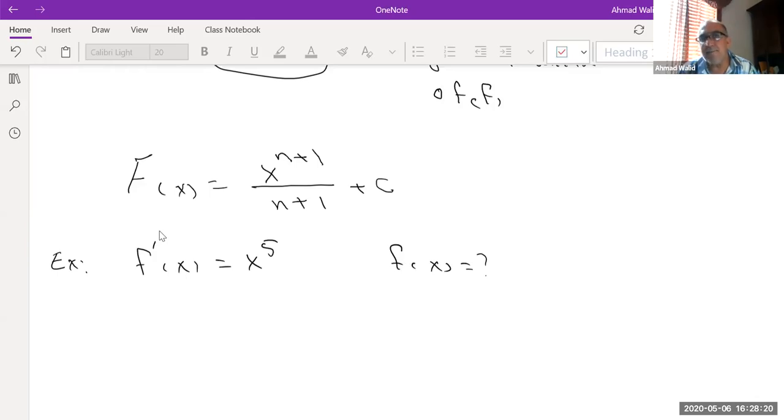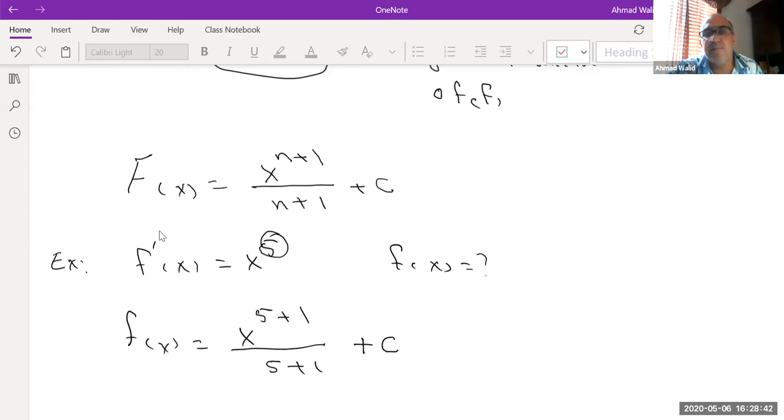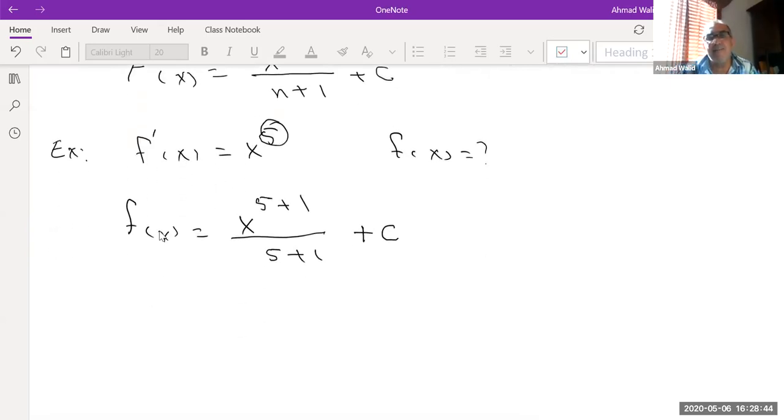I'll just apply my formula. Then I can say F of x equals x to the power of, how much is your n here? Your n is 5, right? Then it will be 5 plus 1 over 5 plus 1. And do not forget plus c. Simplify.